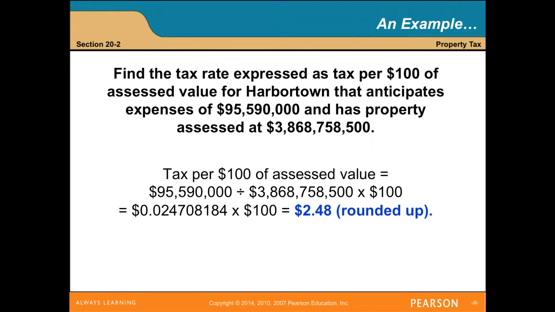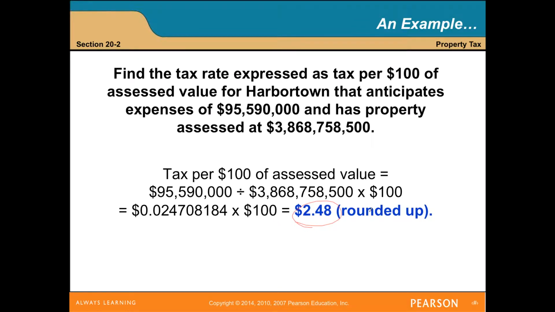Tax per 100 of assessed value equals 95,590,000 divided by 3,868,758,500 times 100. So here we have 0.024708184 times $100, and we get $2.48.